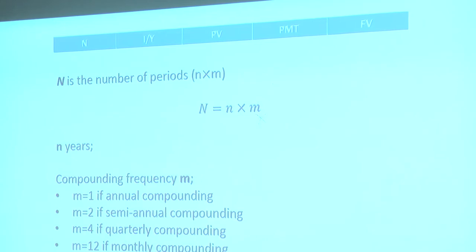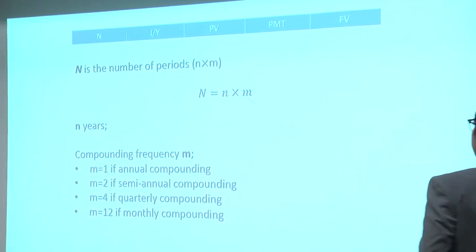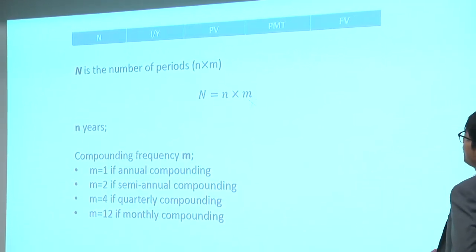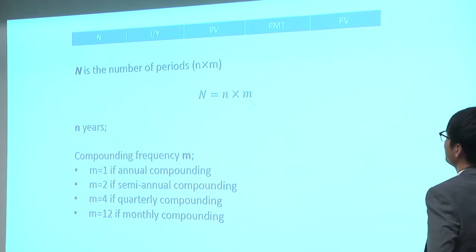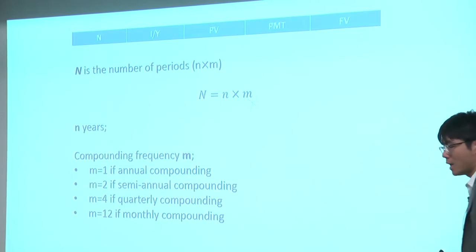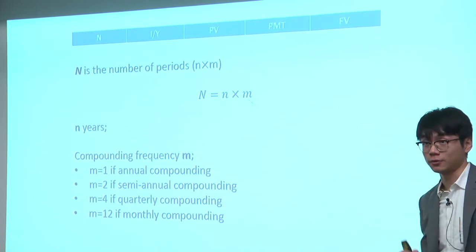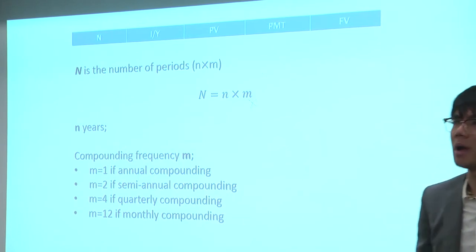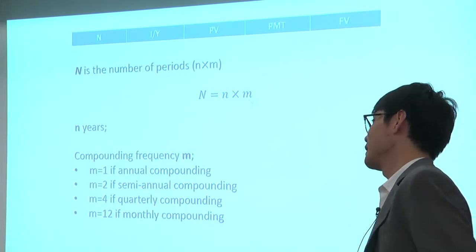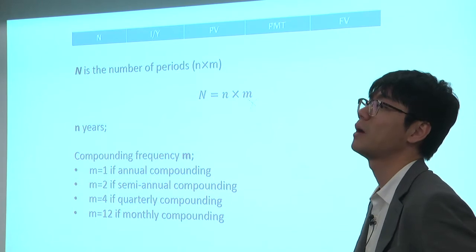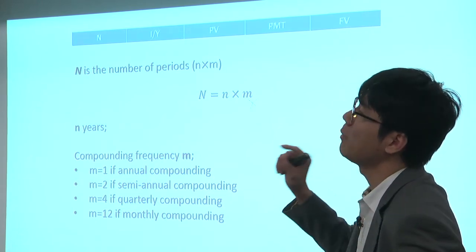Okay, so in the 5-key method, there are 5 elements. The first one, N, is the number of periods. It's not the number of years for every question, because sometimes you have monthly instead of yearly. Remember, the calculator cannot tell if it's yearly or monthly. It's not that smart. It's only recording how many periods.